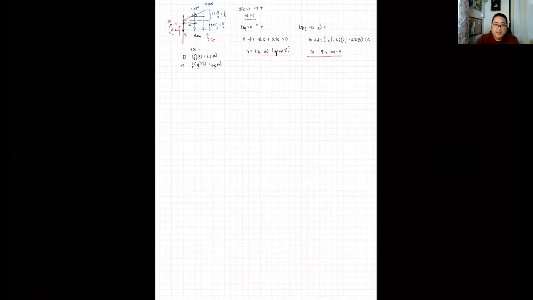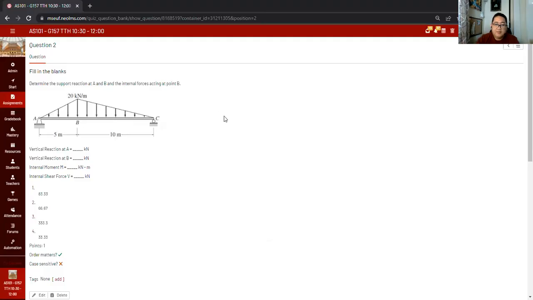Okay. So pakita natin ulit yung ating problem number 2. So ito yung problem number 2 ng exam. Okay. So let me copy lang. Okay. So we have 15. Okay. Assume na yan, meron tayong hinge saka roller, no?